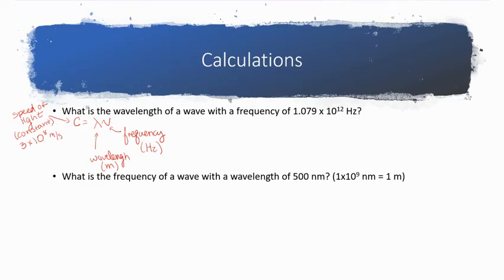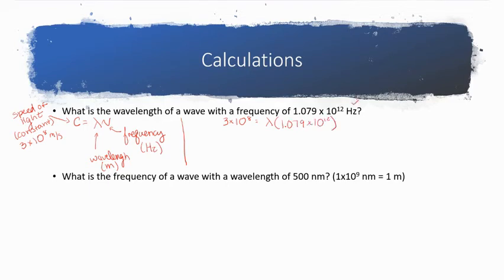Okay. So if we look at this first example, we want to find the wavelength of a wave with a frequency of 1.079 times 10 to the 12th hertz. So we can find the wavelength by using this equation. We'll set c, or 3 times 10 to the 8th, equal to our wavelength times our frequency, 1.079 times 10 to the 12th hertz.